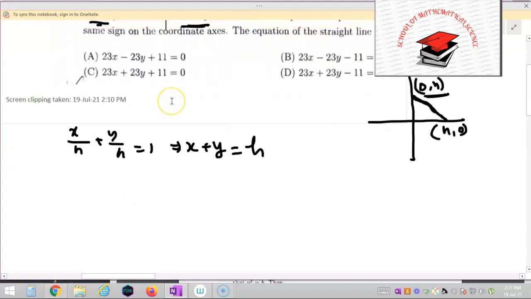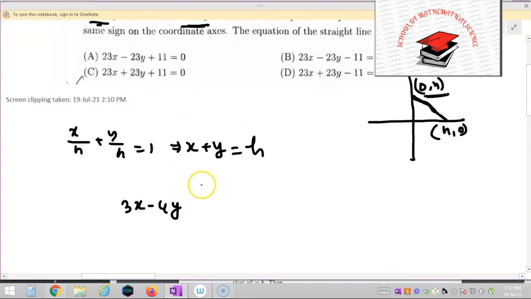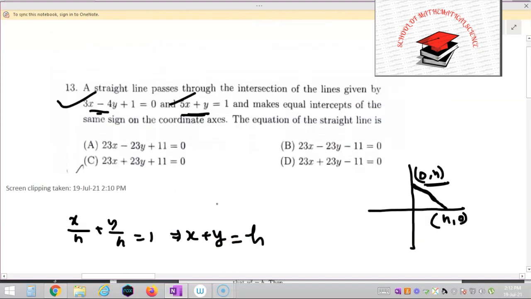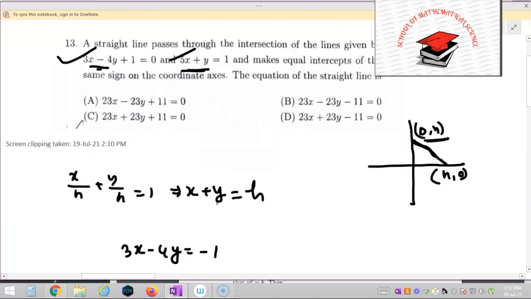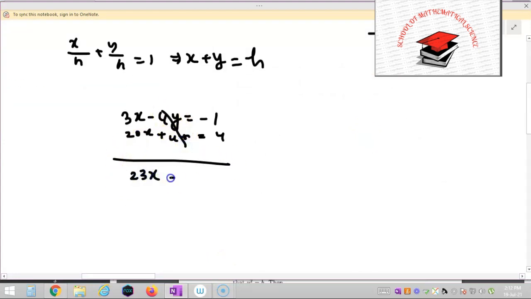So 3x minus 4y is equal to minus 1. And 5x plus y is equal to 1, so multiplying that by 4, I will get 20x plus 4y is equal to 4. Multiplying both sides by 4, I will get that. Adding, the y terms cancel, so it is 23x is equal to 3 and the value of x is equal to 3 by 23.